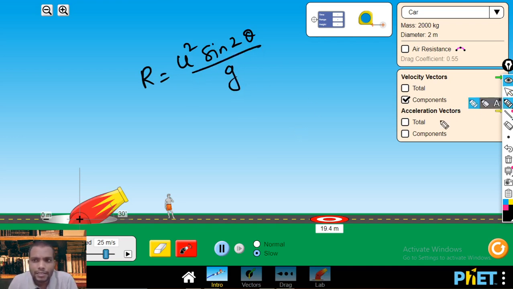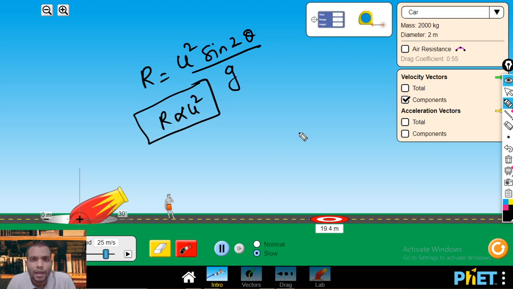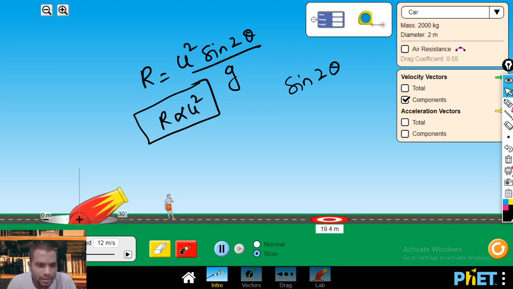The horizontal range R is directly proportional to u square, the initial velocity, and also depends upon the factor sine 2 theta. Suppose I take different angles. Suppose I am launching the projectile with 15 meter per second at an angle of 30 degrees.